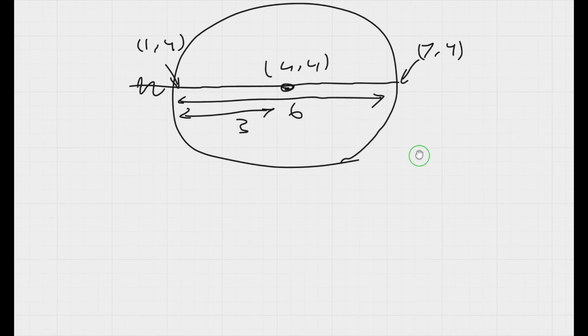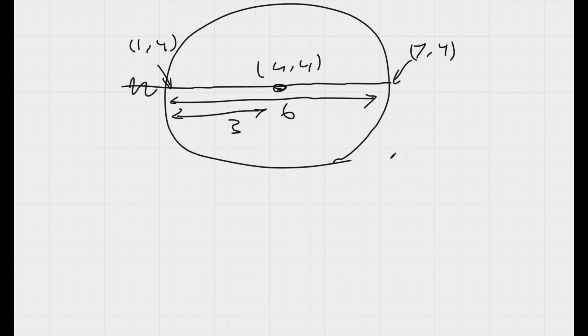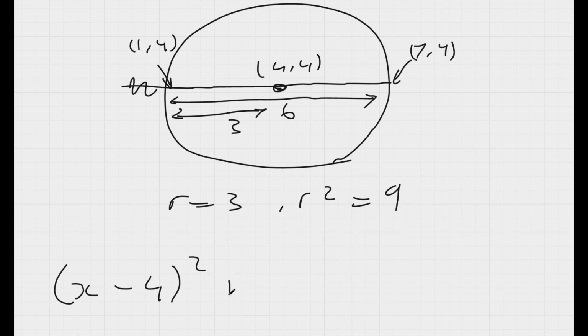I should have checked these questions. Then r squared is going to be 9. So if you sub in everything, it's (x minus 4) all squared plus (y minus 4) all squared equals 9.